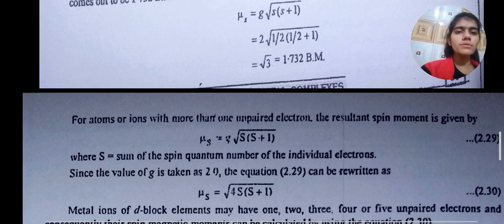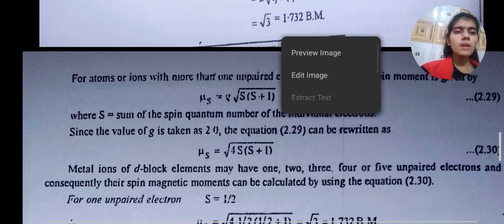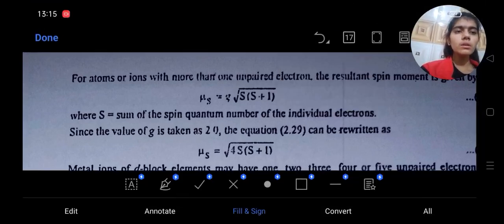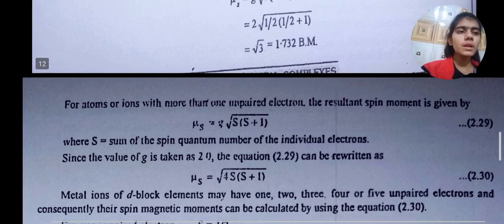Since the value of g is taken as 2, the equation can be rewritten as μs is equal to under root 4S into S plus 1. Metal ions of d block elements may have 1, 2, 3, 4 or 5 unpaired electrons, and consequently their spin magnetic moments can be calculated by using the equation.